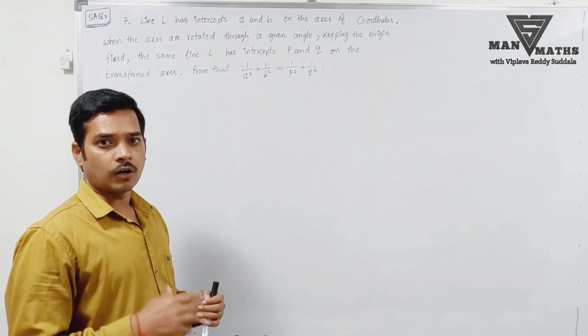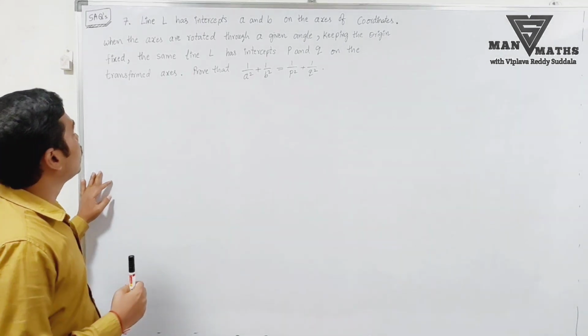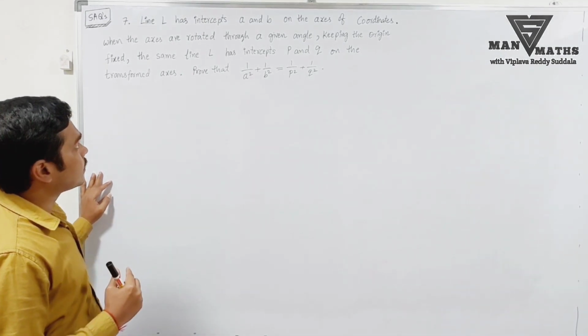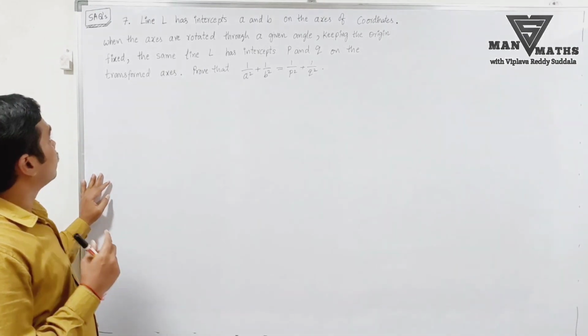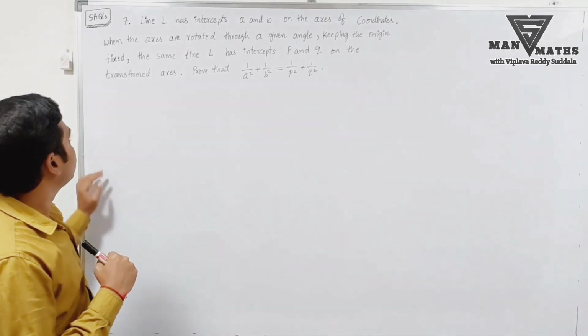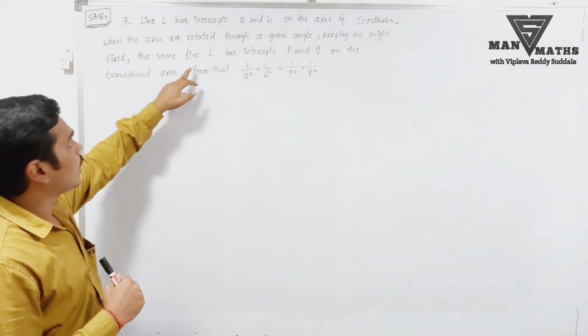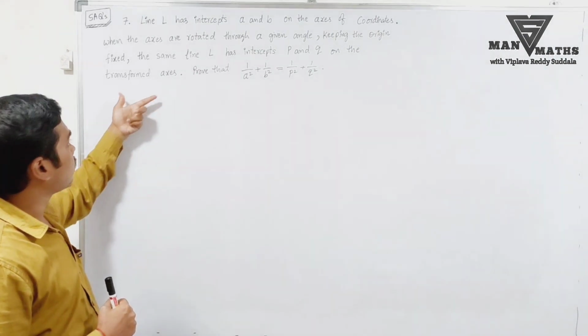Now the seventh problem from straight lines SAQs. In this problem, line L has intercepts a and b on the axes of coordinates. When the axes are rotated through a given angle, keeping the origin fixed, the same line L has intercepts P and Q on the transformed axes.